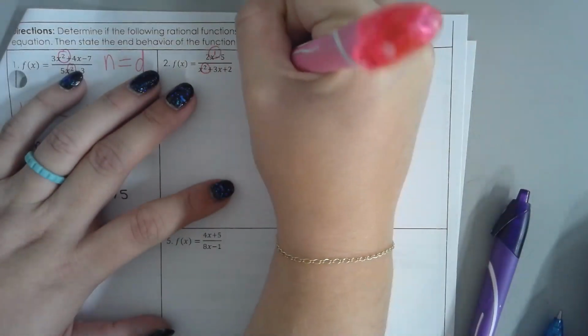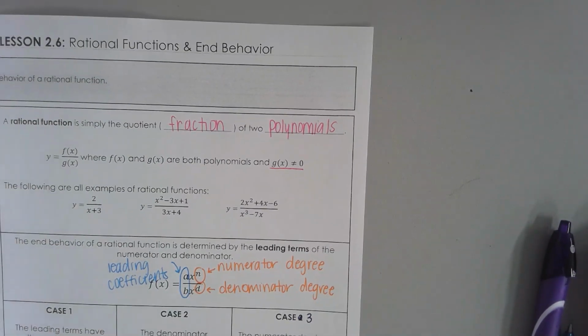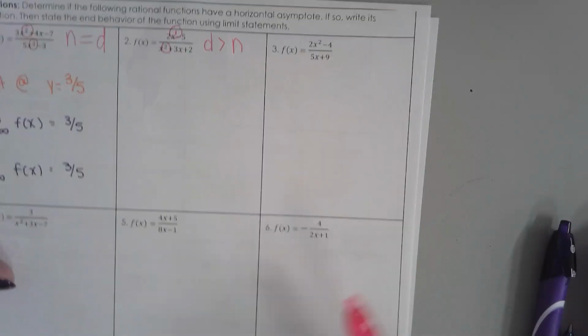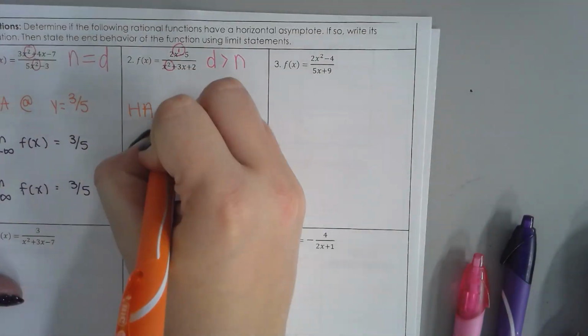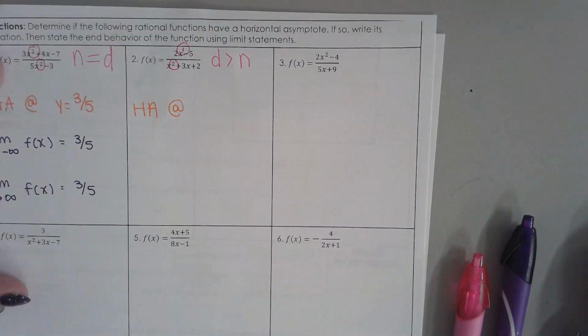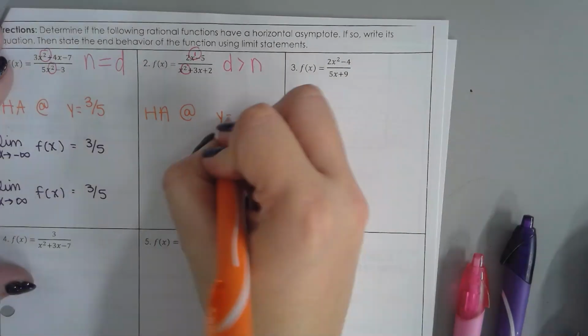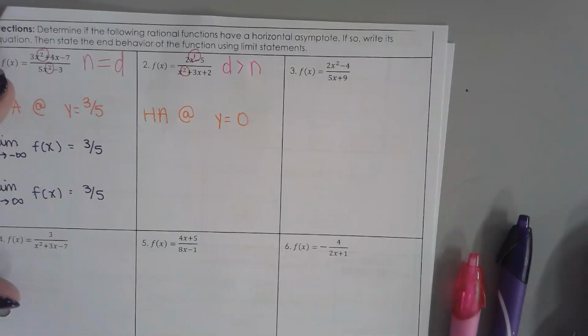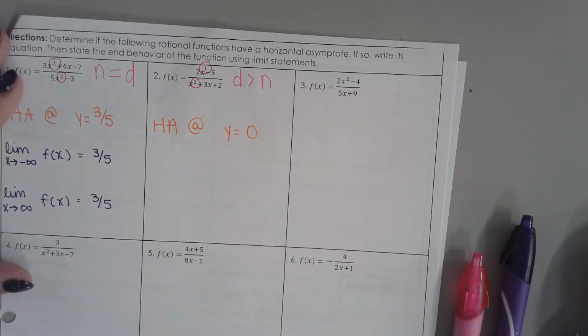Denominator D is greater than N, which was case 2. HA at Y equals what? 0. If the denominator is bigger, you have a horizontal asymptote at Y equals 0.